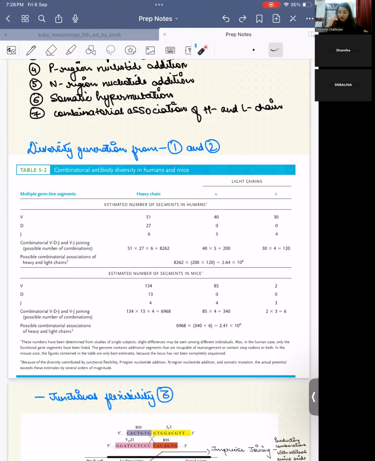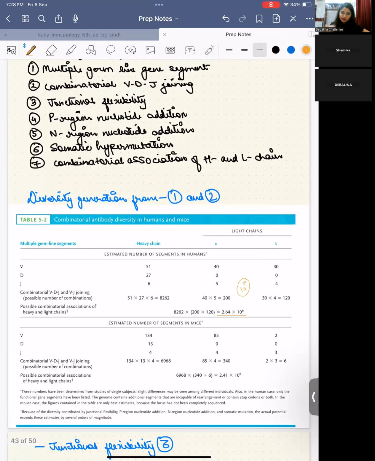If you remember from the discussions of our very initial class, we said that the order of diversity is in this order for antibody molecules. But by combinatorial diversification, we are only achieving some diversity in the order of 10 to the power 6, right? So one thing that is clear from this is there must be some other factors that are also leading to enhancement of the diversity.